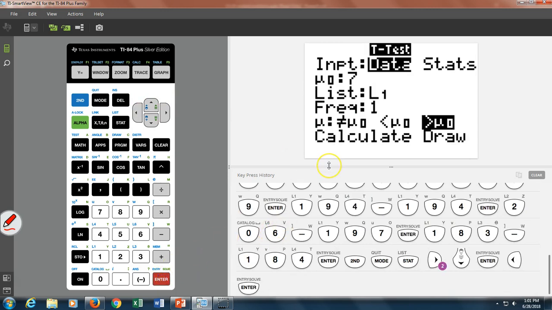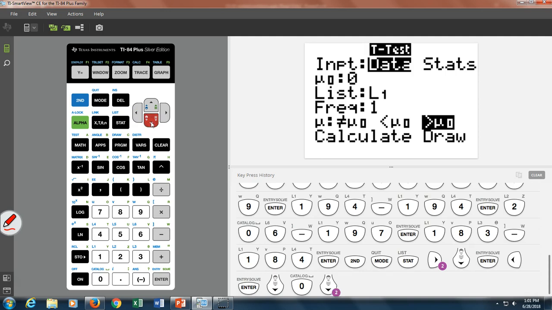So data. And in this case, we're going to assume that the mean weight loss is 0. In other words, my fitness place didn't accomplish anything. Sure, we're going to use L1, frequency 1.